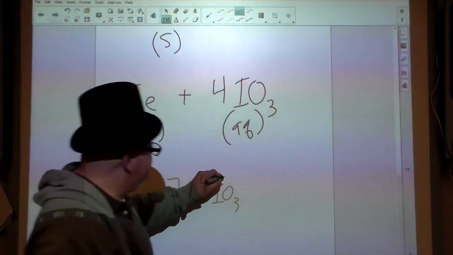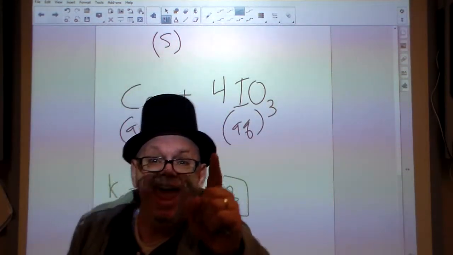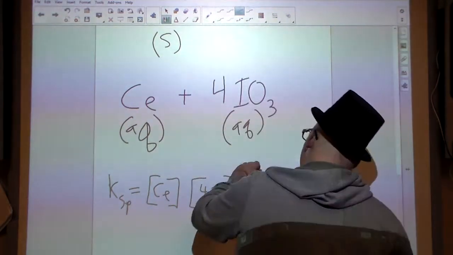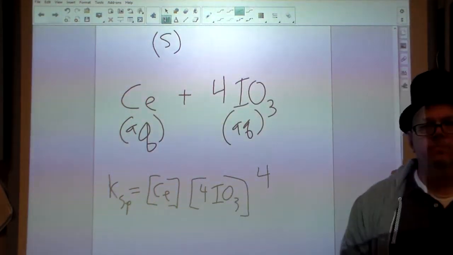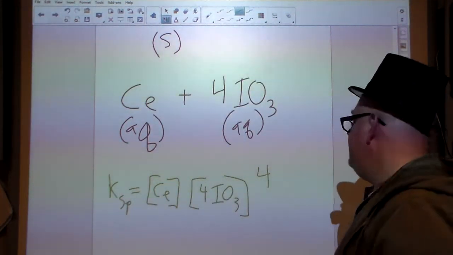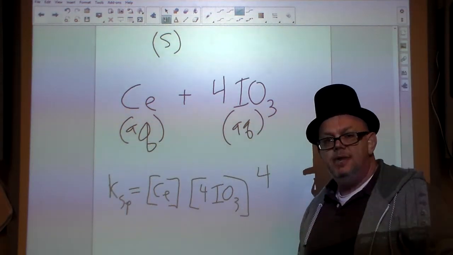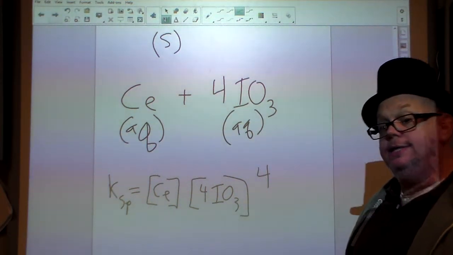It's going to be 4 times in there. And it's going to go to the 4th power. So that's going to be a little bit more intense. But that's how you would do it.